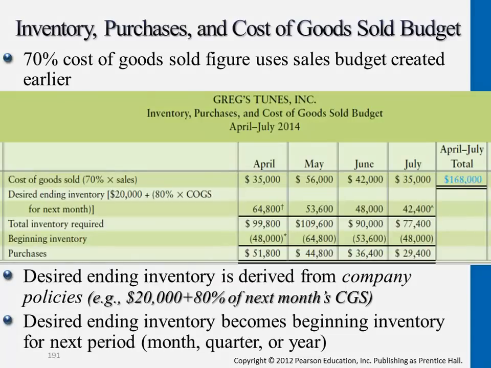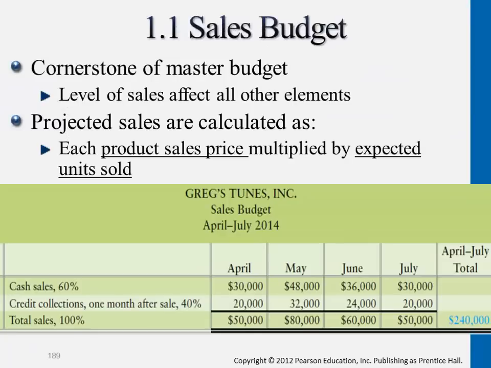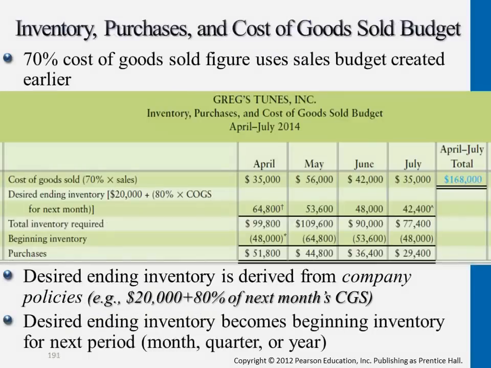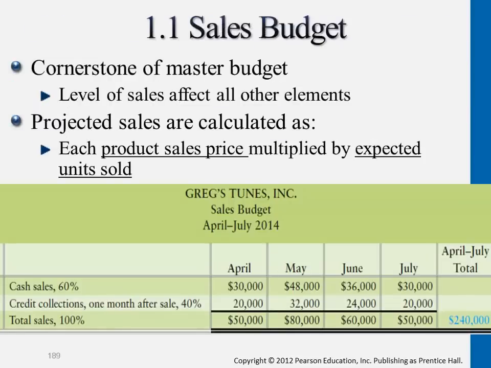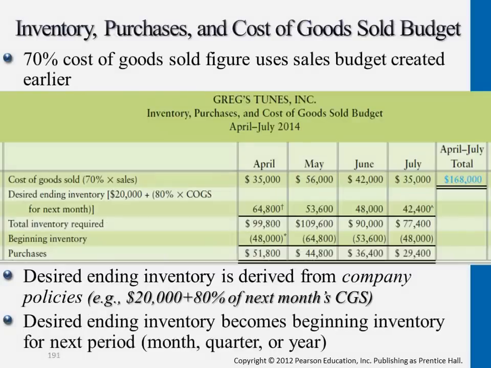What this means is, from the previous table, you got the numbers here. This $50,000 times 70% will become the cost of goods sold budget of $35,000. For the next month, $80,000 times 70% will become the $56,000 cost of goods sold, using the same policy for the remaining months.